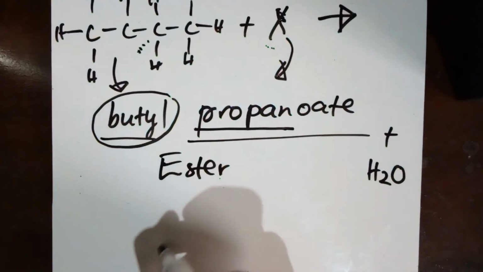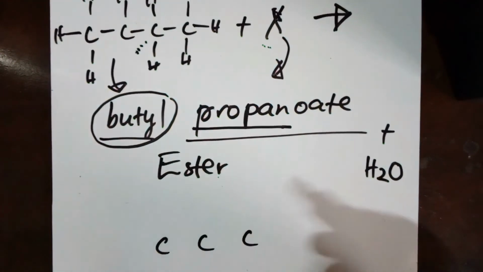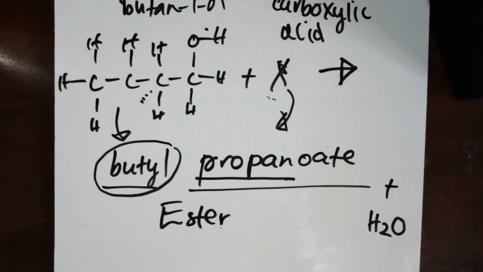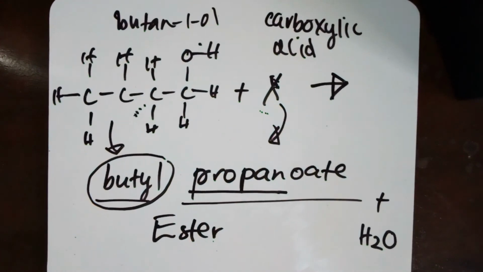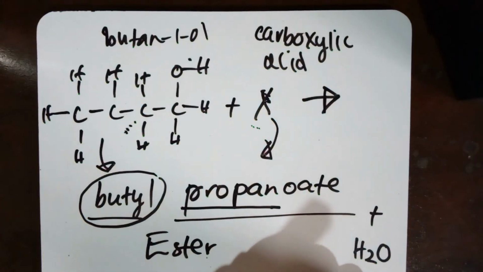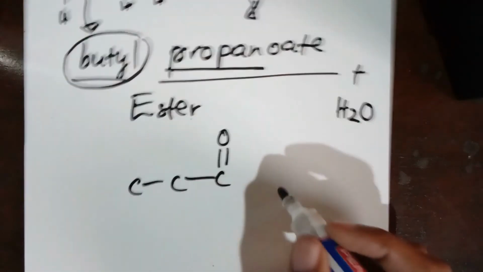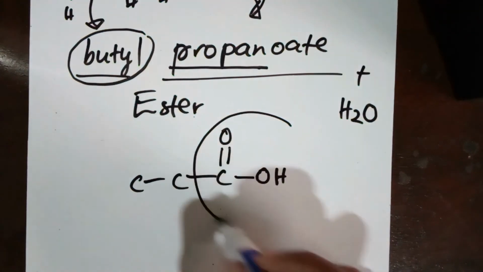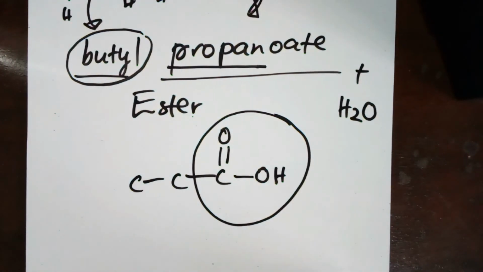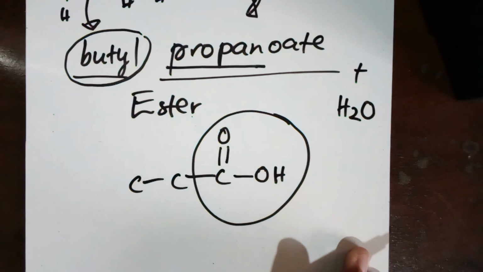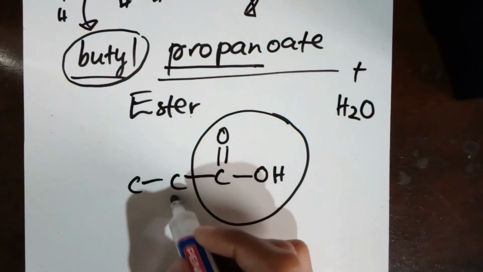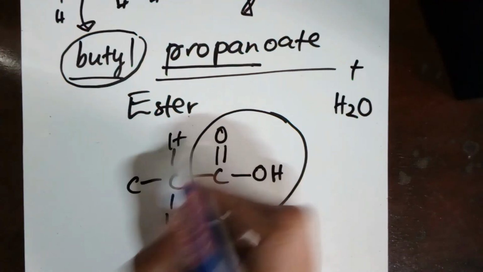So okay, let's do that: 1, 2, 3. And because it's a carboxylic acid, we know that it has a functional group that you draw like this. This is how you normally draw the functional group for a carboxylic acid. And then you can just put on your hydrogens.